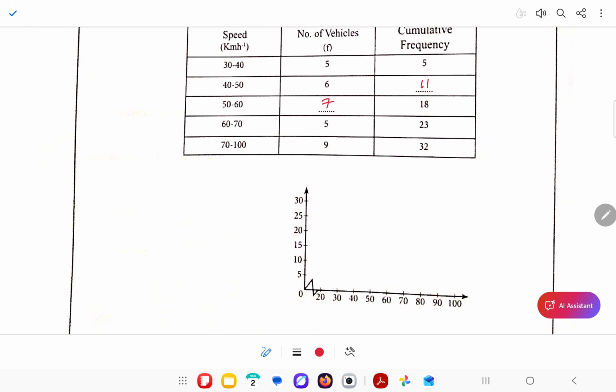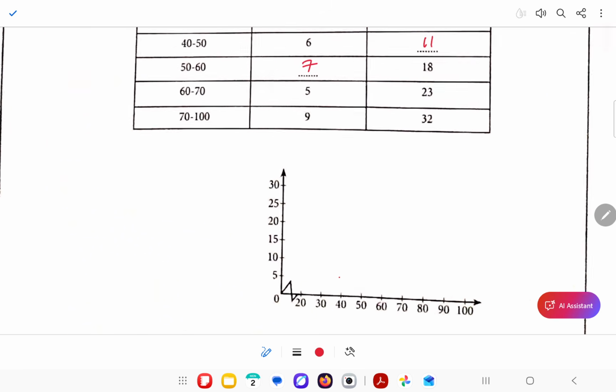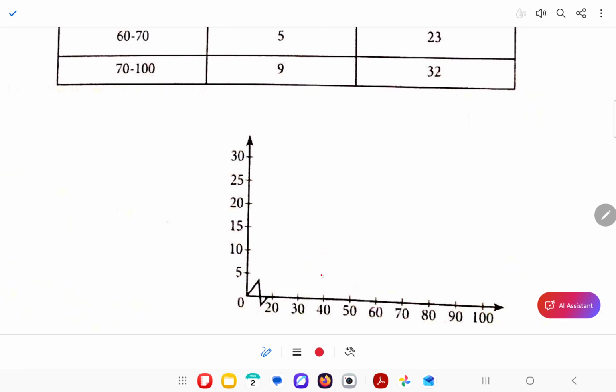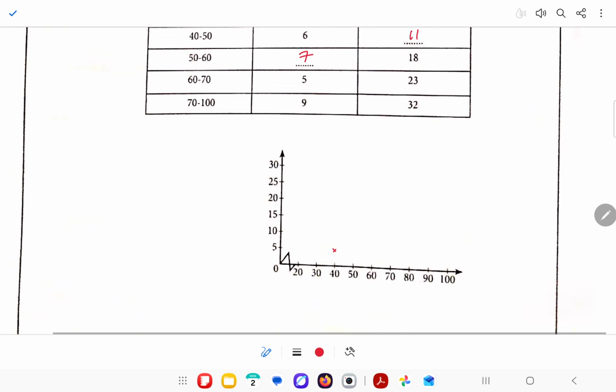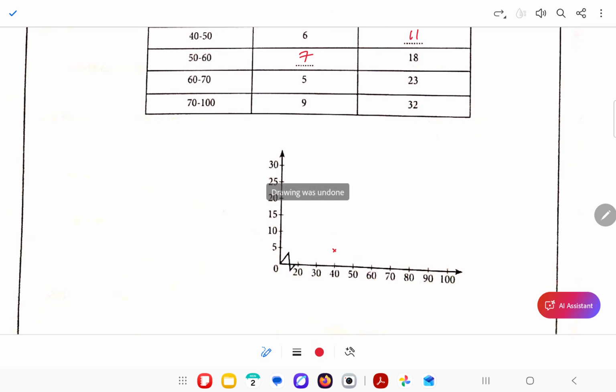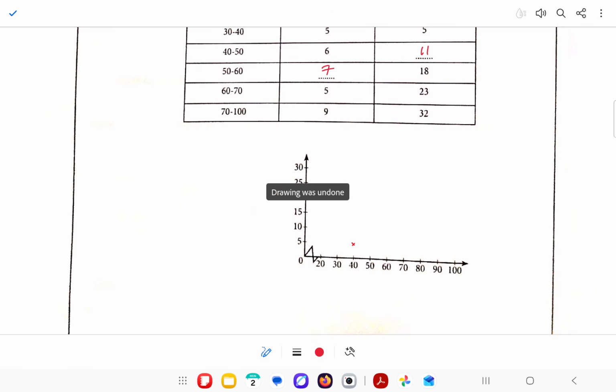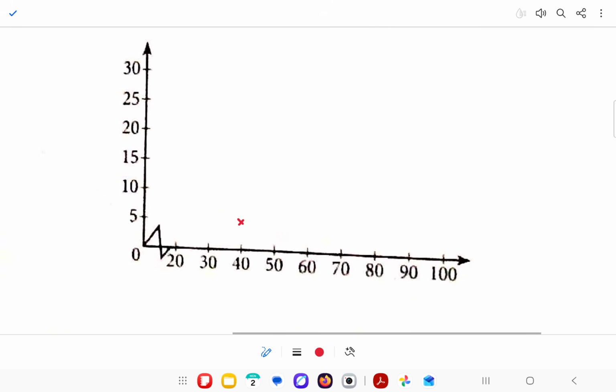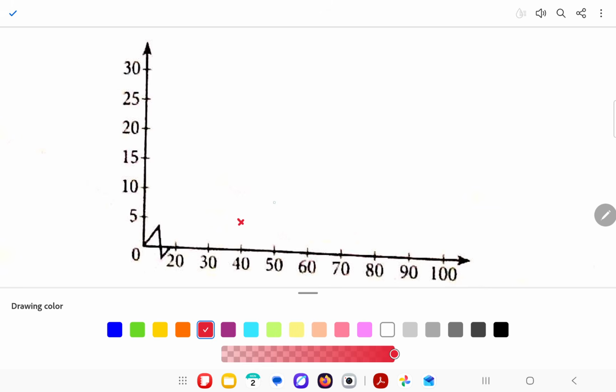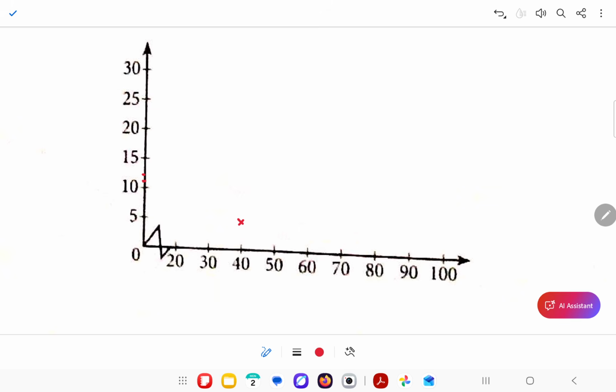So at 40 you are at 5. At 50, 11. So 11, 12, 13, 14.